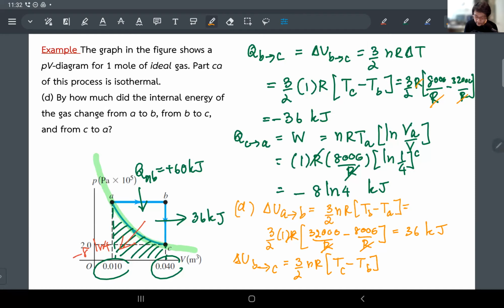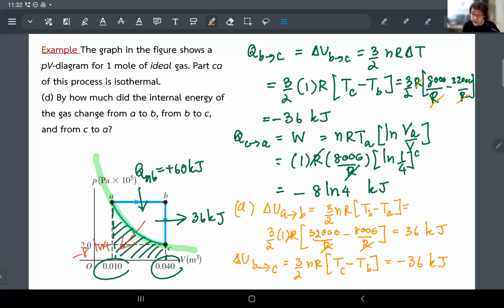So I don't even have to calculate this one because it's going to be negative 36 kilojoule. You guys with me now? Yeah, because going from A to B, whatever the change is, you step right back to the same temperature as A. So whatever you change during A to B, you change it back. So it's going to be the negative of whatever the first part that you just calculated.